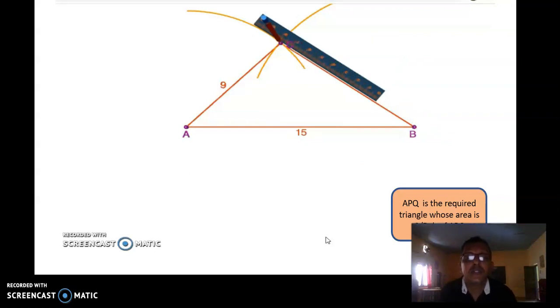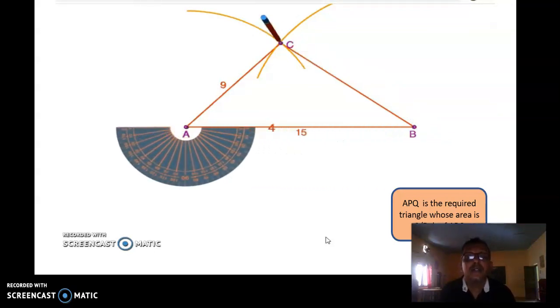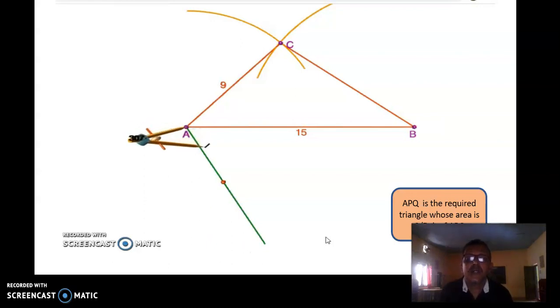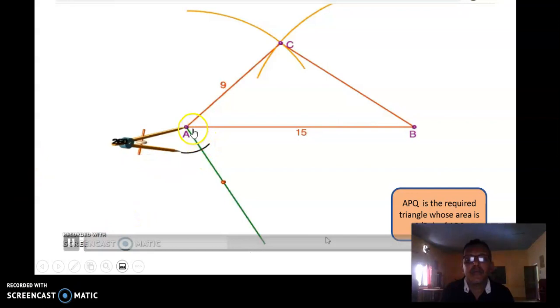We have to construct the triangle 3/5 of this one. So now construct an acute angle, any acute angle. Now I am constructing 60 degree. With the radius from A, using compass, draw an arc here.